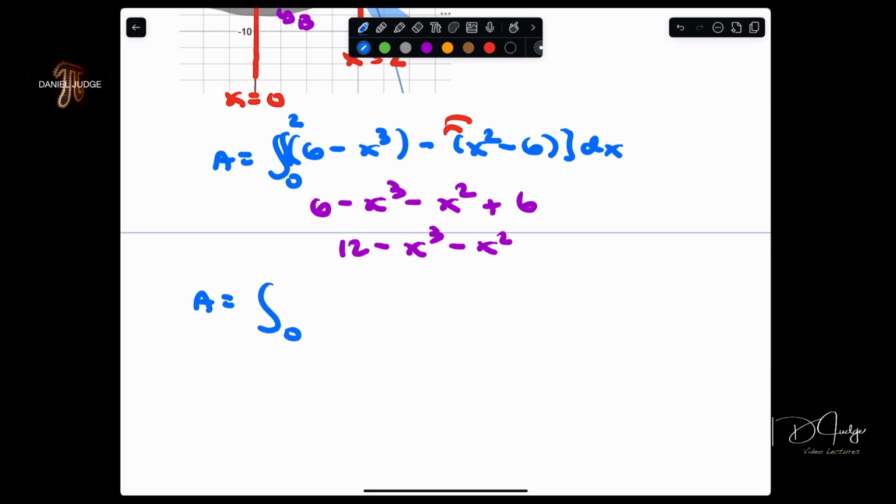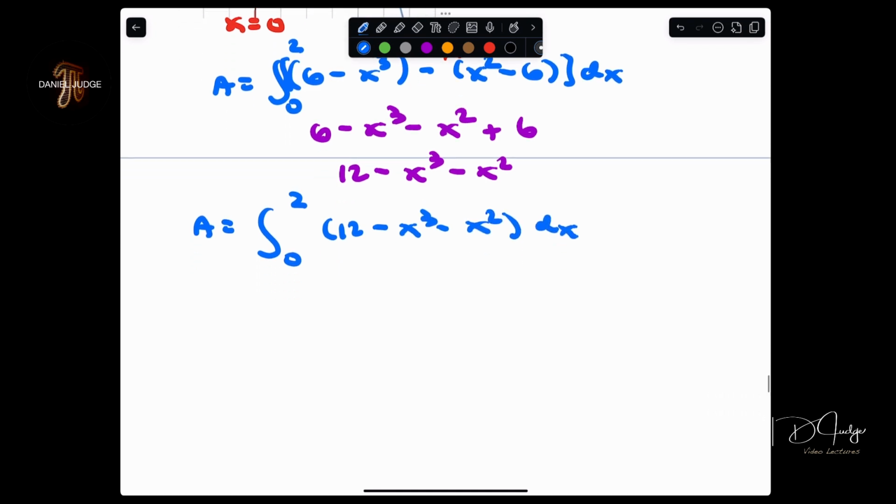Area is going to be 0 to 2, 12 minus x cubed minus x squared dx. 12x minus x to the 4th over 4 minus x cubed over 3. You got x is 0 and you got x is 2 here.